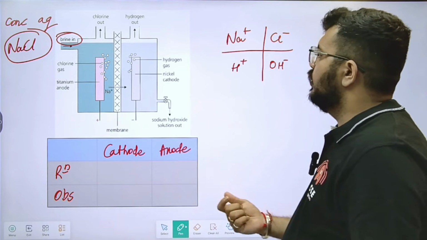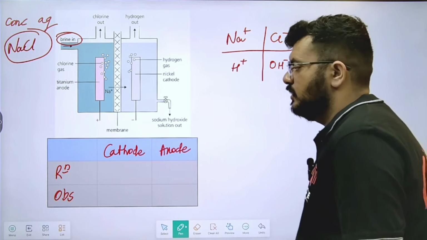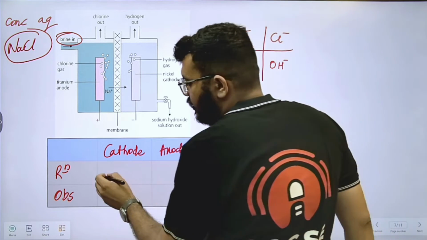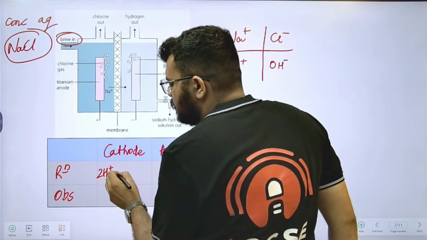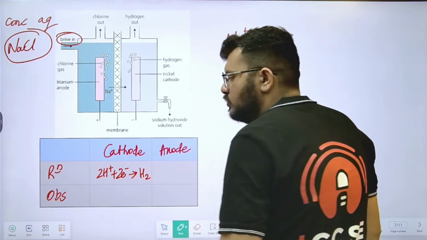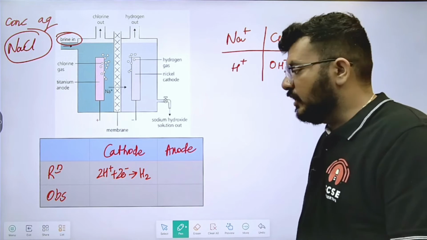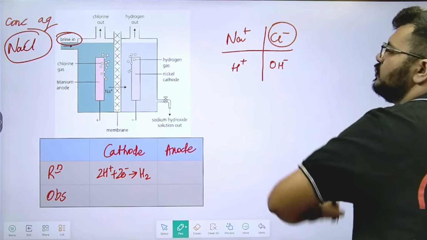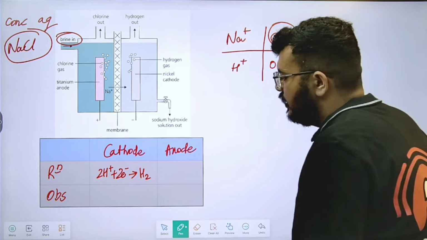Now at cathode, what will happen? H plus, because sodium is very much reactive. So the same reaction, 2H plus gains 2 electron because reduction is taking place to give H2. At anode, what is happening? Now the concentration of chlorine is much greater.